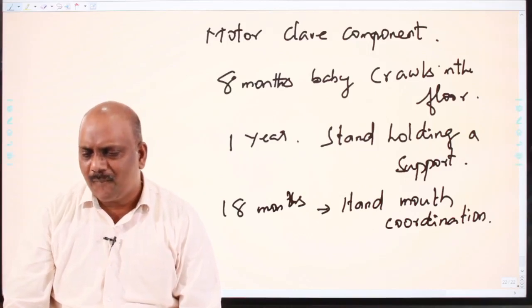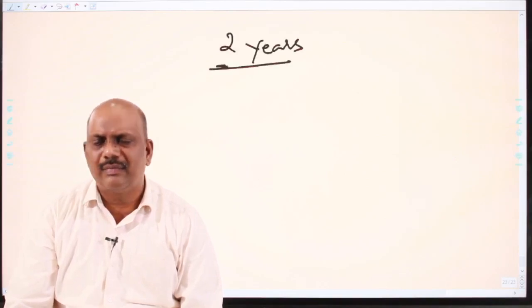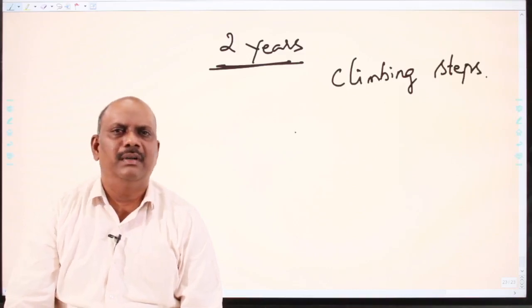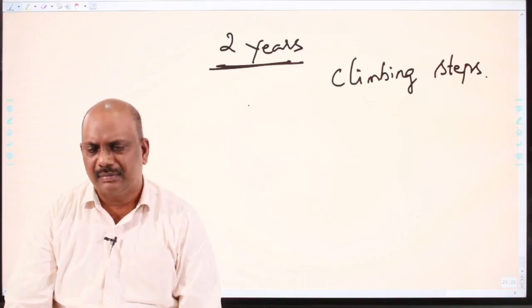Then by 2 years, a kid will be capable of climbing steps, but with both the feet in the same step.